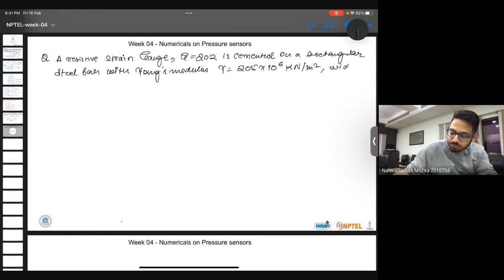The value of width is given as 3.5 centimeter and thickness is 0.55 centimeter.